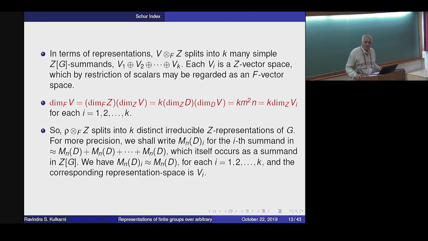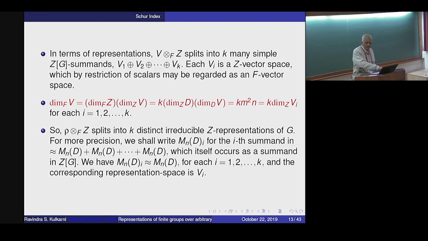The dimension of V over F is the dimension of Z over F times the dimension of V over Z. So this is just K m squared n, which is equal to K times the dimension of each Vi over Z, for each i from 1 to K.